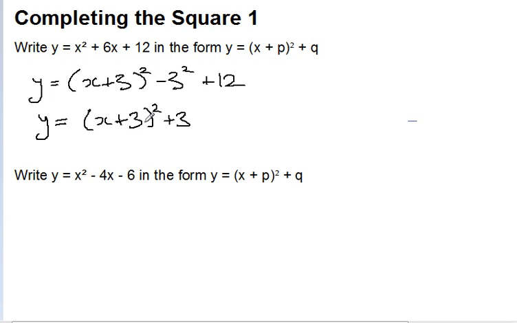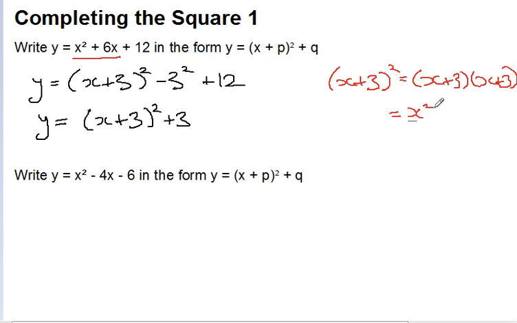So let's analyze how I actually managed to do that. I'm going to start by looking at this part of the equation, x squared plus 6x. How did I know that it was x plus 3 all squared? Well, I know that if I expand out x plus 3 all squared, then that's the same as x plus 3 times x plus 3, which is, of course, x squared plus 3x plus 3x plus 9.